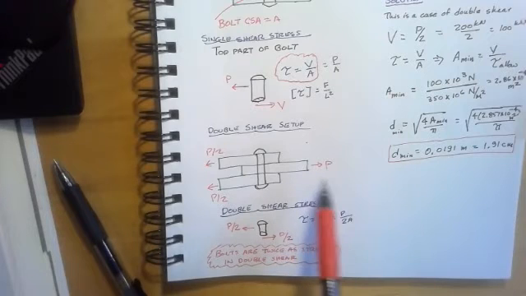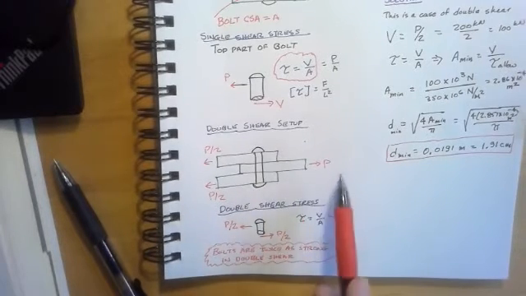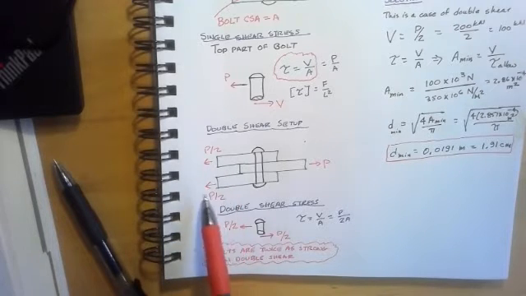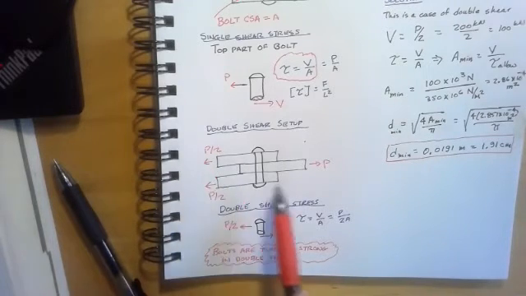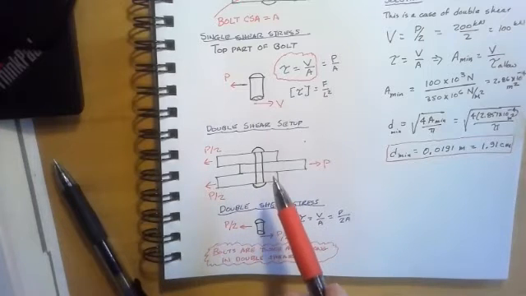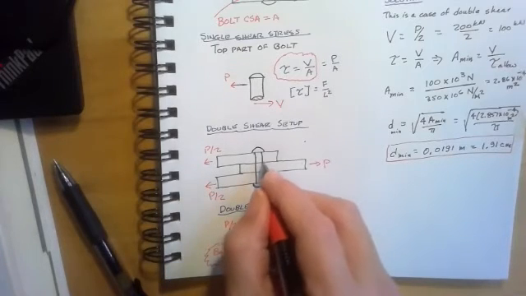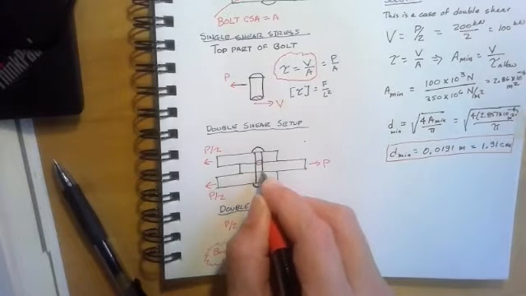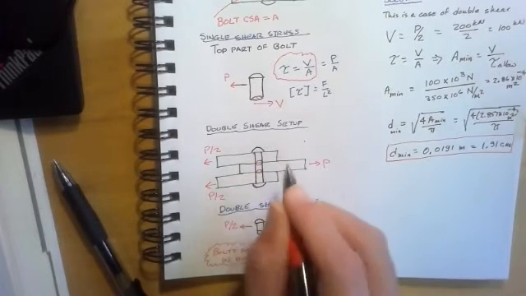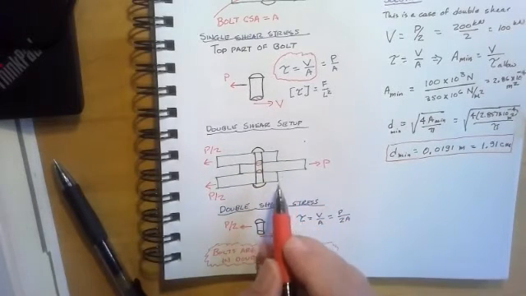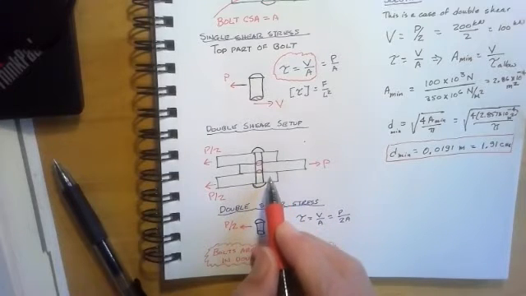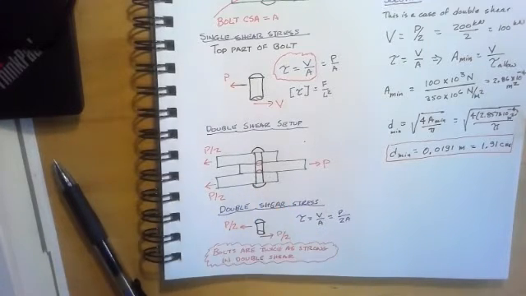Now, the force carried in the tension member here would be what we will call P. And that means that each plate here is going to carry P over 2 in support reaction the other direction on the assemblage. And our bolt itself is going to have two shear planes. It's going to have a shear plane between the top gusset and the tension member, and another shear plane between the tension member and the bottom gusset.